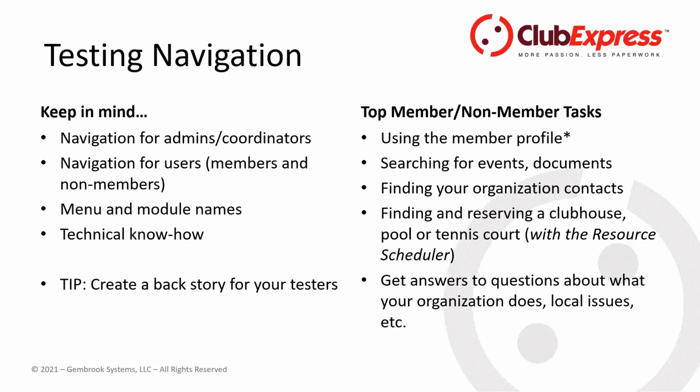So let's check to see if your members have trouble with that. Get answers to questions about what your organization does, like local issues, et cetera. So when you're thinking about how your members are going to be interacting with your site, you want to make sure that they're getting what they need from it.